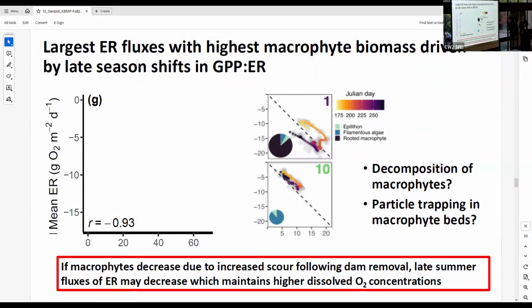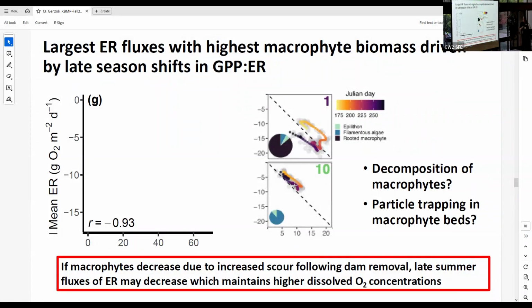One kind of interesting way to wrap this up, or take-home message from this relationship with ecosystem respiration and macrophytes, is that there were some, at least initial expectations that I'm going to talk a bit more about here in a second, that macrophytes might decrease after dam removal if we have increased scour with the dam removal, more sediment loads coming down.